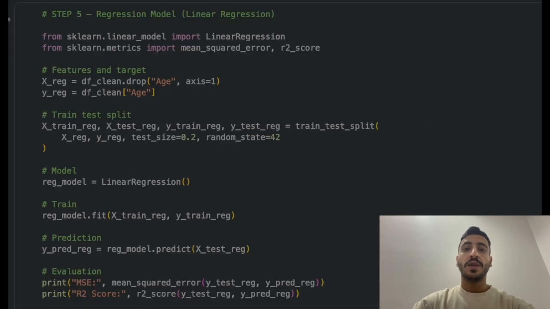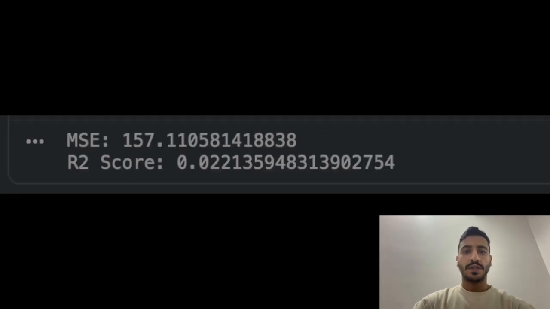So after that, we move to step 6, which is linear regression. I applied a linear regression model to analyze the relation between the features and age. The goal is to understand how different variables influence age. After training the model, I evaluated it using mean squared error and R squared.